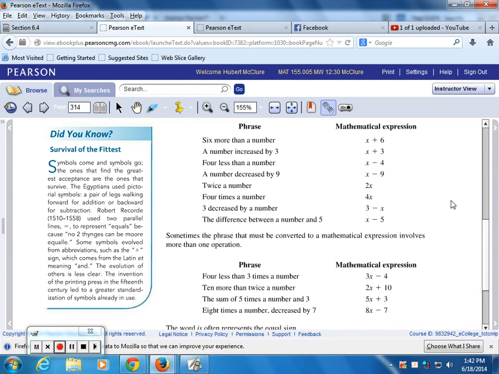And it'd be best if you just ran a photocopy of it and put it in your notes because it has the little phrases. What page is it? 314. I can just take the page out of the book. Yeah, you could do that. 6 more than a number, increased by 3. When you see a word problem and it has those phrases, you need to make a mental note of that.